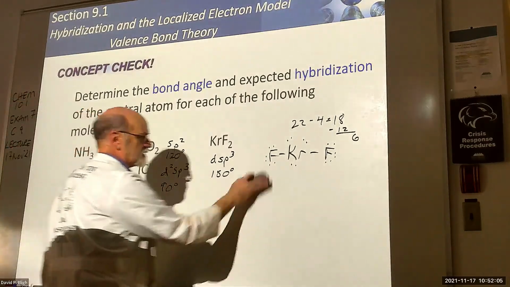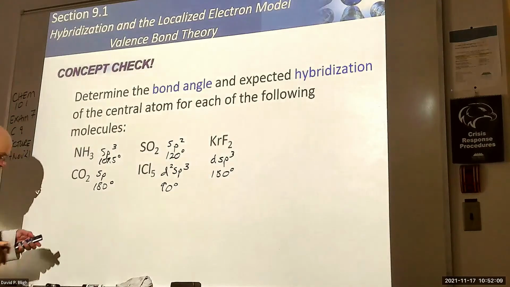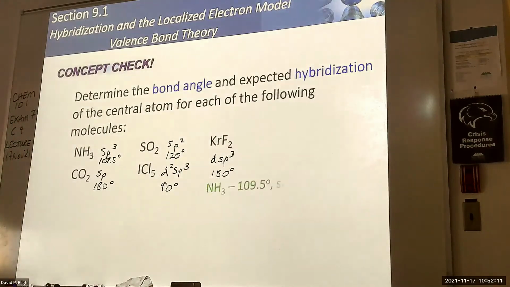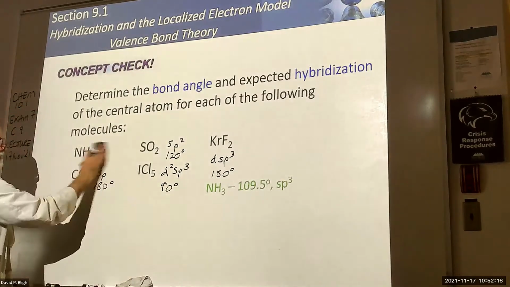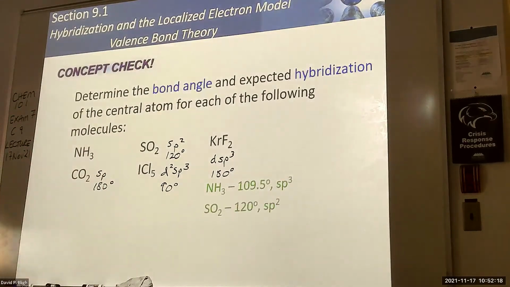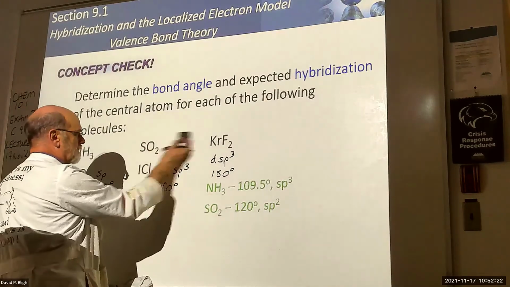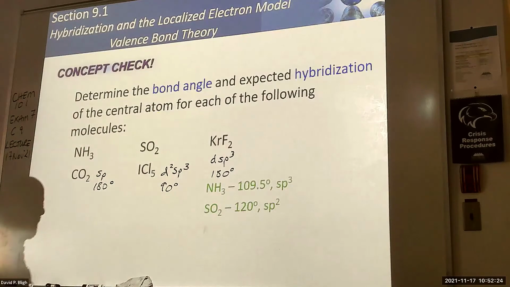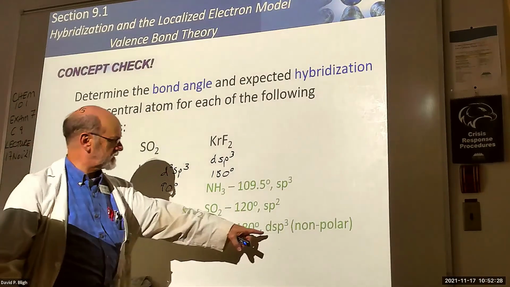Okay, so let's see if the slide agrees with me. Ammonia, yeah, okay, that one's good. Oh, we're going to do this one next. 120, sp2, yep. Okay. And we're going to do this one, 180 degrees, dsp3.